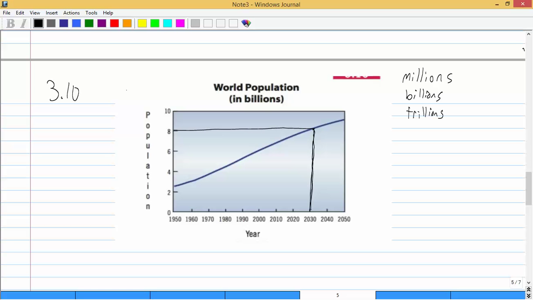So, by using the growth of population over the years, I'm sure that this is some exponential function, you can use that to help project approximately how many people there are going to be on the earth. Okay. And that finishes chapter 3.